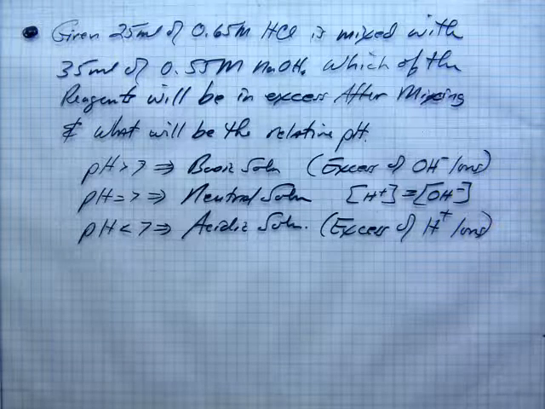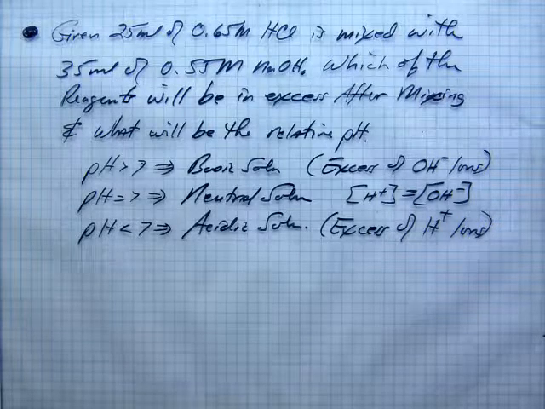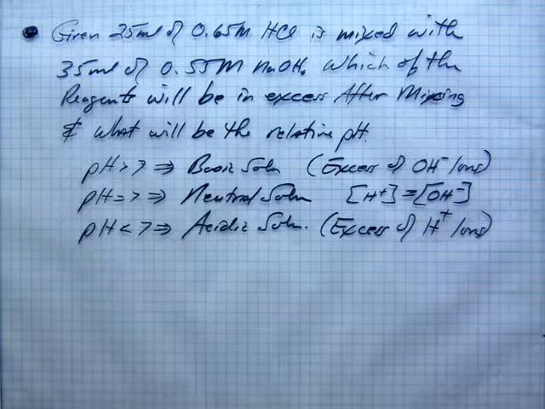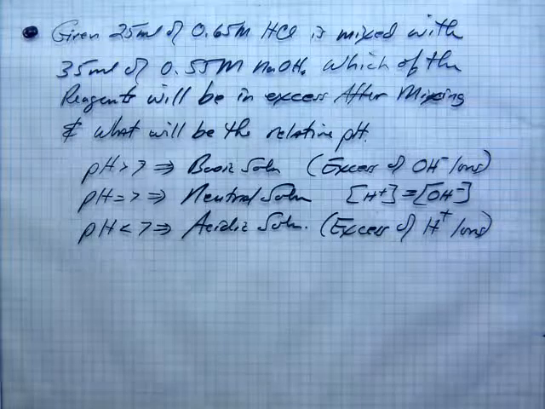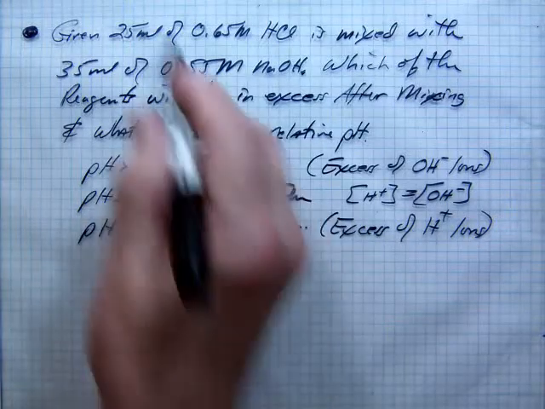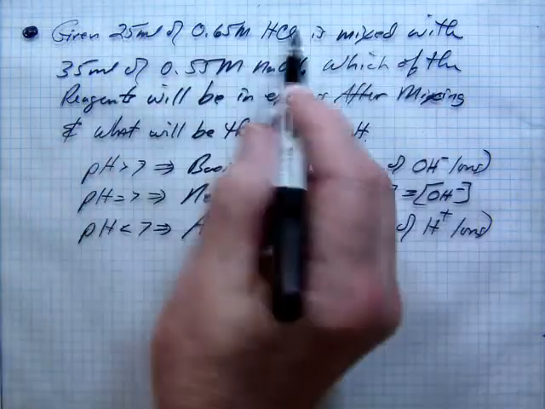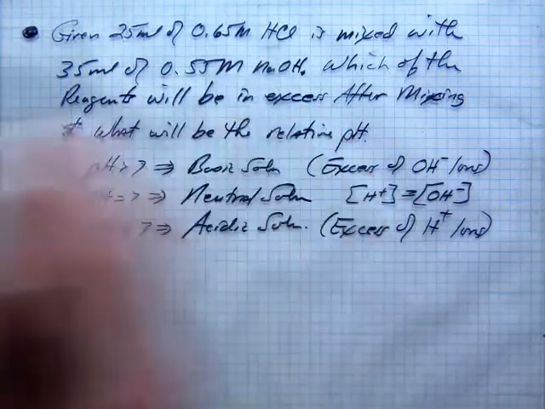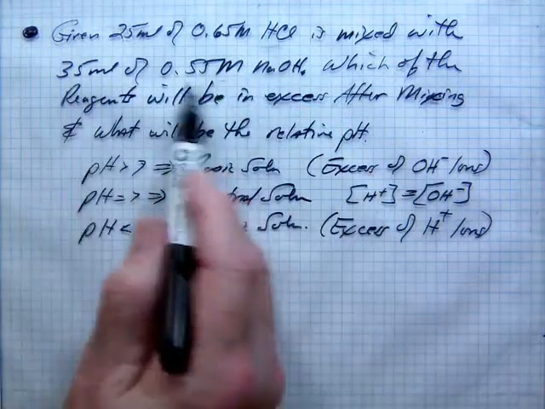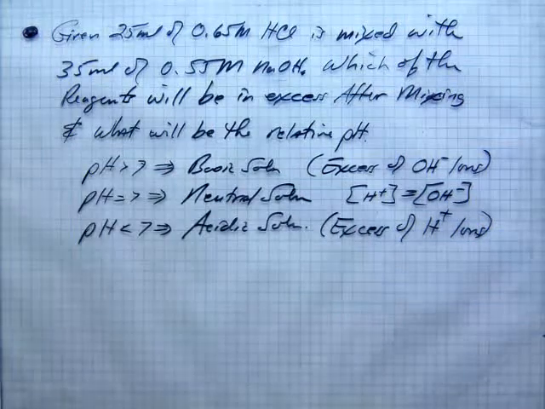First thing you need to do when you have a reaction in solution is determine what the reaction is and balance that reaction. Well, looking at this, we have 25 milliliters of an HCl going here, and then we have 35 milliliters of NaOH going here.